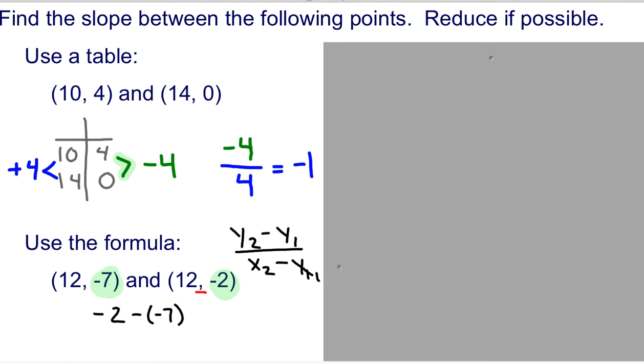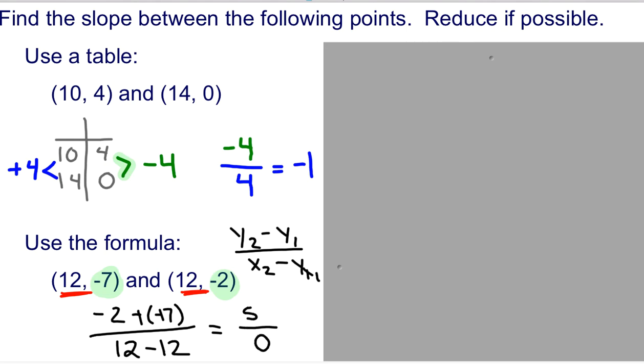And then we take an x minus an x. Reduce, simplify the top, simplify the bottom. So on the top, a minus, a negative, those are really adding. -2 plus 7 is 5. 12 minus 12 is 0.